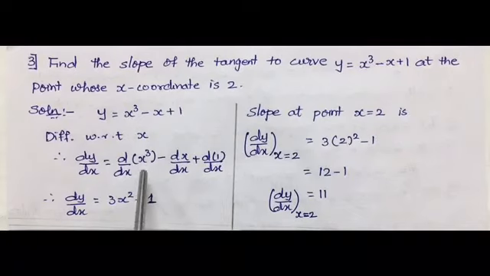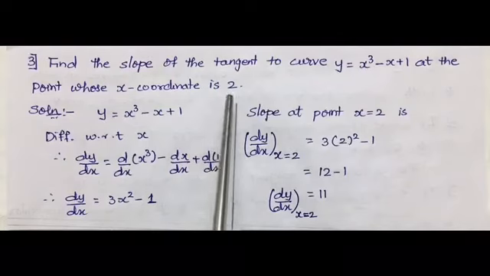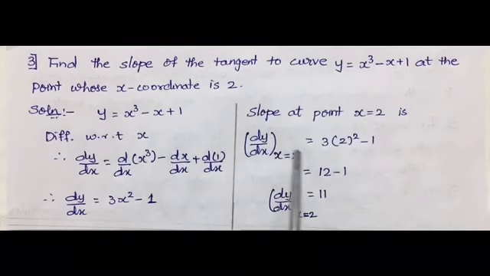Calculating the derivative of x cube, we get 3x square, and dx upon dx is minus 1. So the slope becomes dy by dx is equal to 3x square minus 1. Now the slope is to be calculated when x takes the value 2.